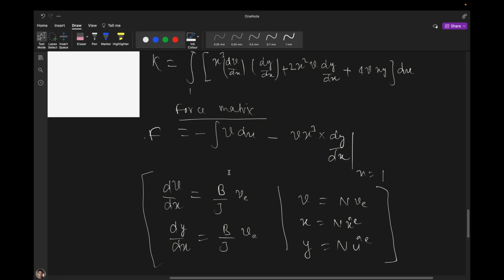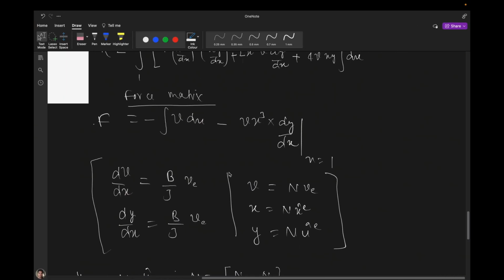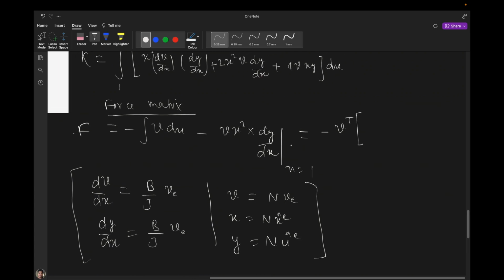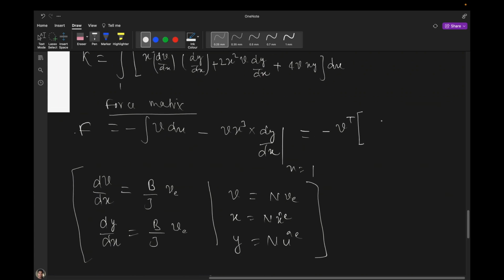In terms of this I will write the force matrix, so that will be minus V transpose. What is V here? N transpose, and dx is nothing but J d zeta, integral.